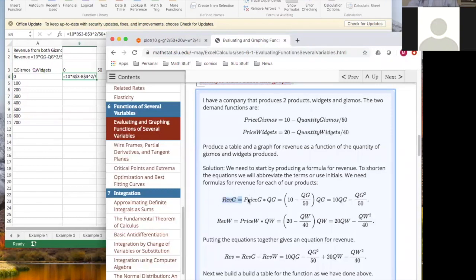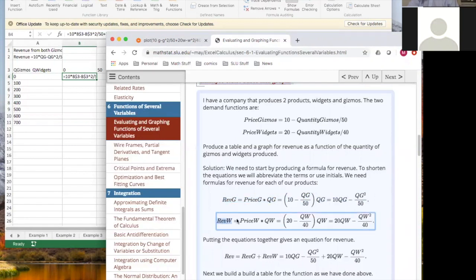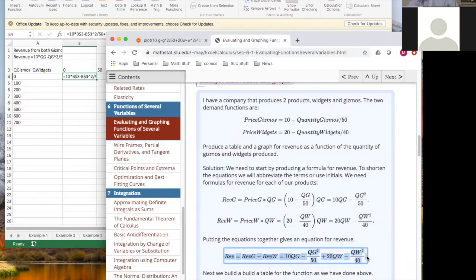We have a formula we can produce for the revenue from gizmos and the revenue for widgets. What we'd like is a formula that gives us revenue for both of those together. So our inputs will be the quantity of gizmos and the quantity of widgets, and we'd like to take both of those together and use that to make our table.